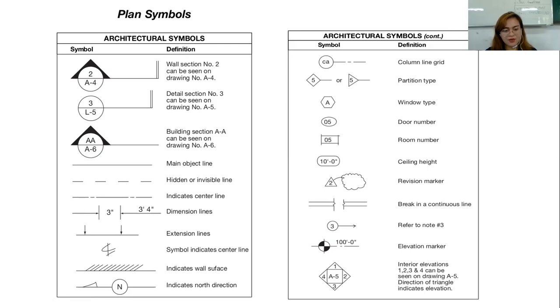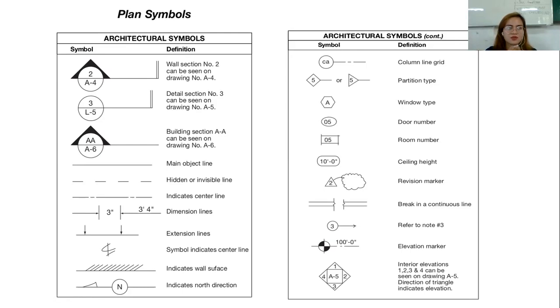So for the line weights, the thick ranges from 0.5 to 0.6. If you're going to use the set of tech pens, 2, 4, 6 are the even numbers and 1, 3, 5 are the odd numbers.